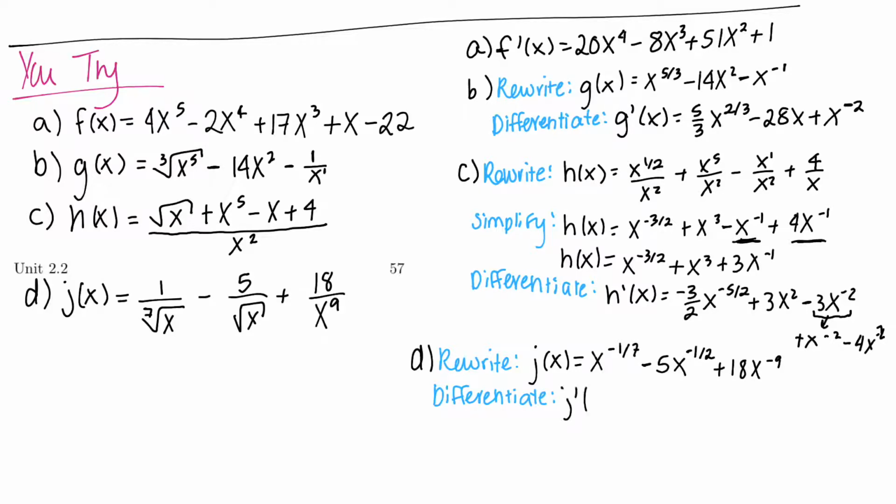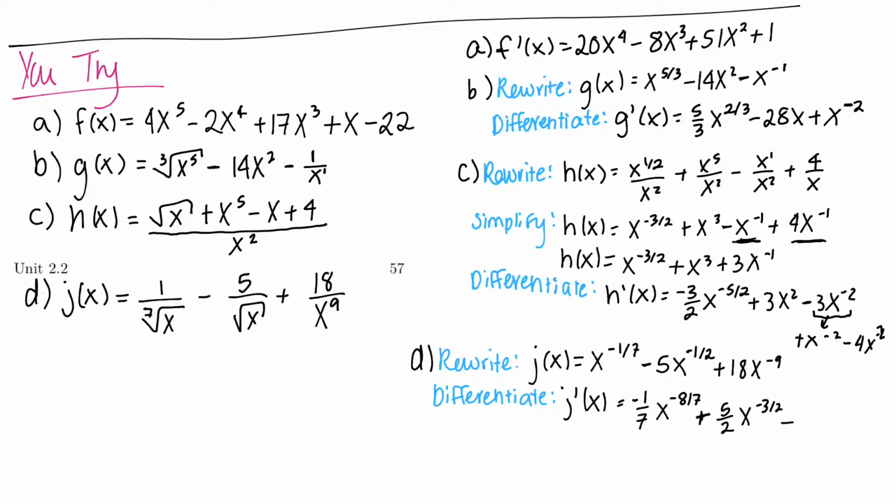So we have j prime of x is equal to negative 1/7 x to the negative 1 minus 7, which is negative 8. So we have negative 8 over 7. Minus, well, it's going to be plus, right? Because we have a negative times a negative. 5 times 1/2 is 5 halves. So plus 5 halves x to the negative 1 minus 2, which is negative 3 halves.